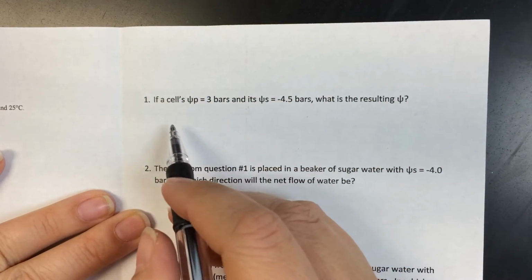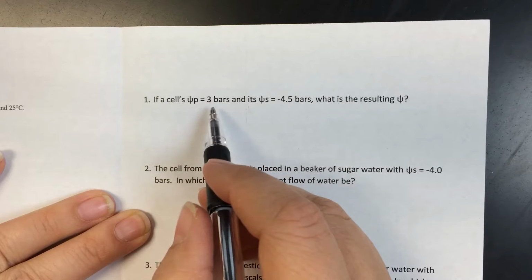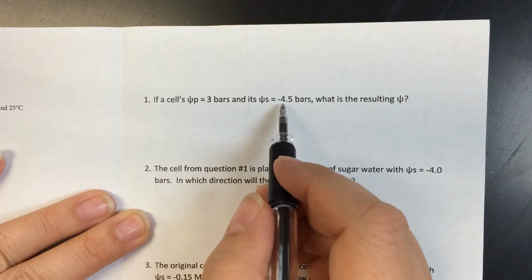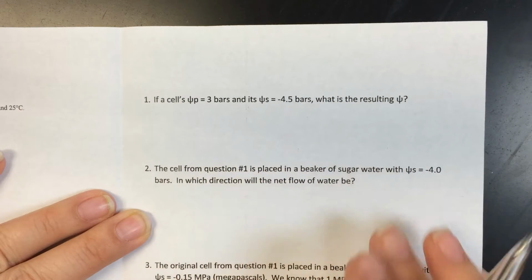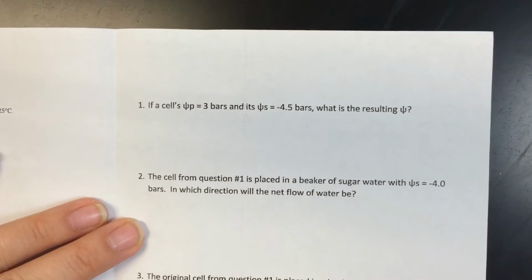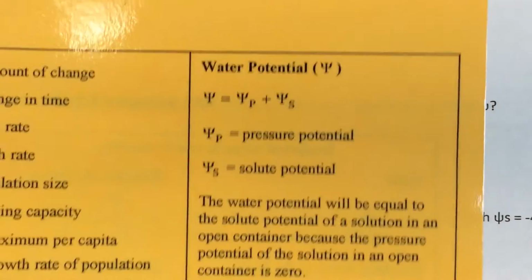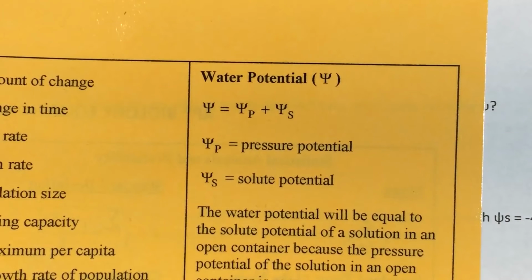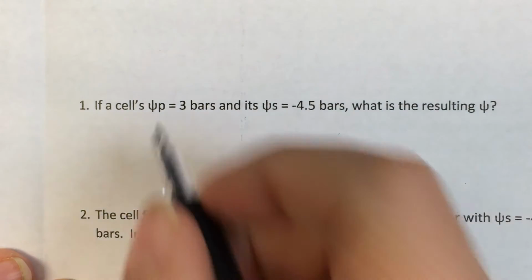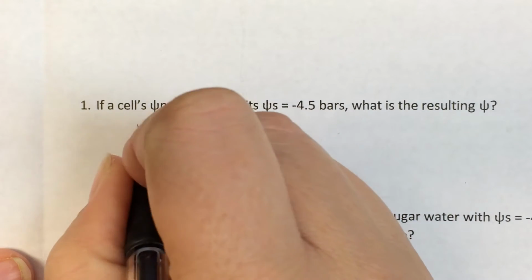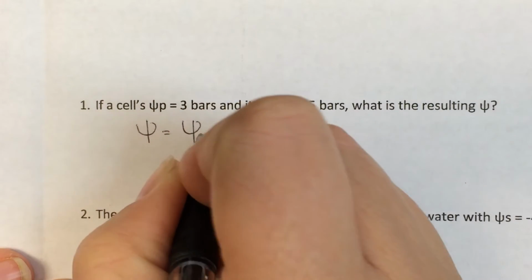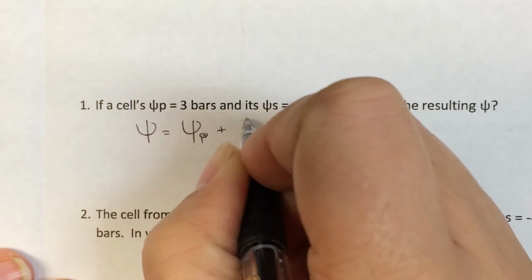If your cell's psi p is 3 bars and its psi of the solution is negative 4.5 bars, what is the resulting psi value? If we take a look at our formula chart, our first formula is psi equals psi p plus psi s. So let's write that down. Psi equals psi of the pressure plus psi of our solution.